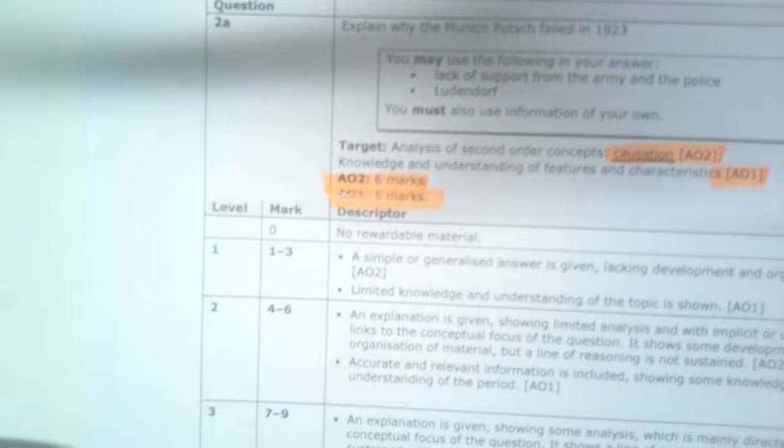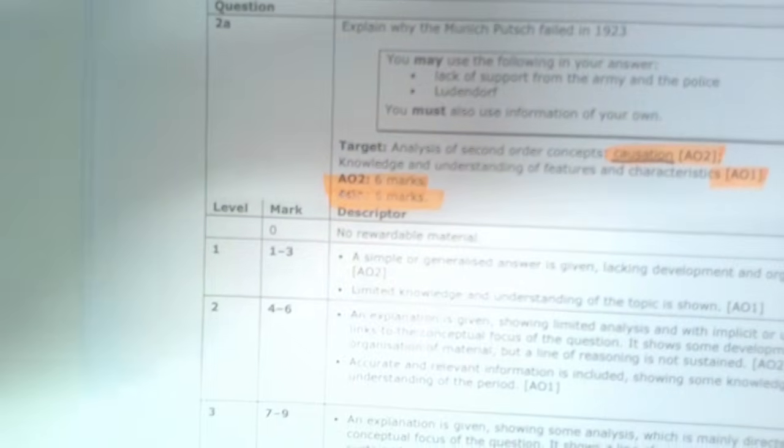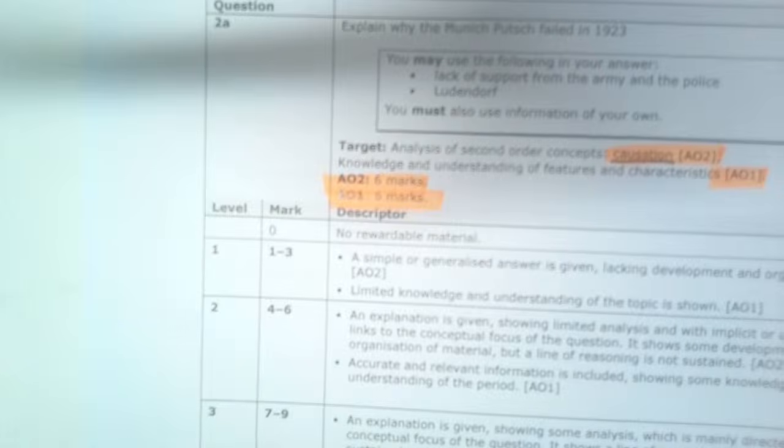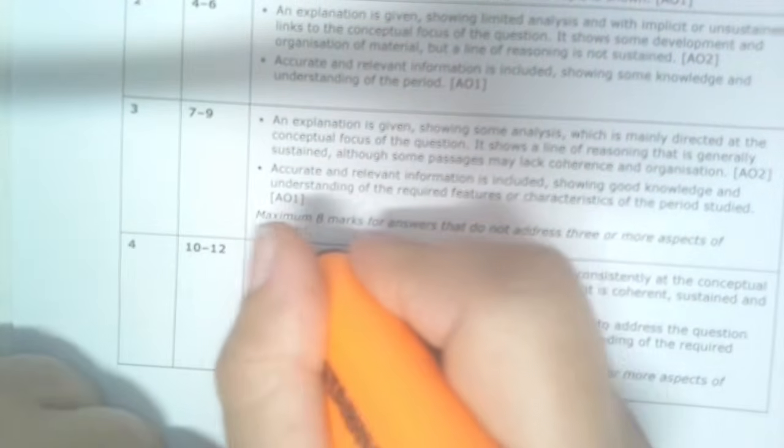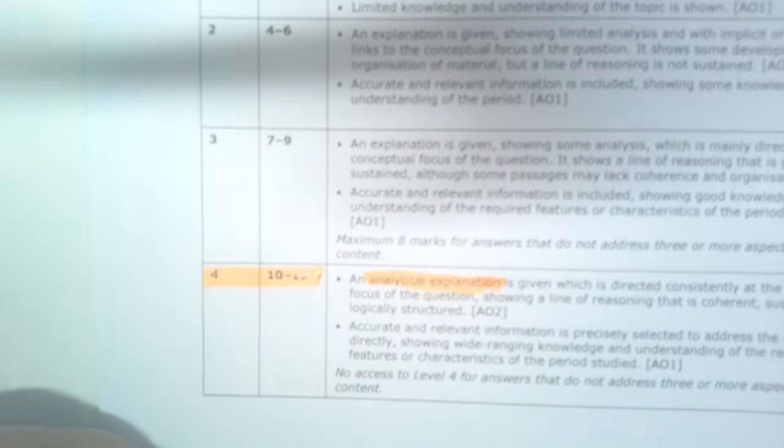Okay. And to get into the top grade boundary for this, you need to give an analytical explanation. So that means that you need to not only give an explanation, but you need to give some analysis as well, because this is a level 4 answer.